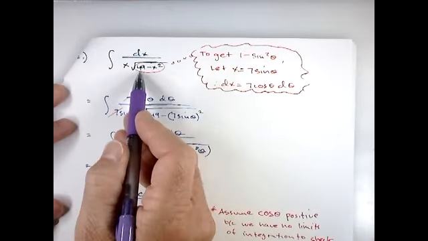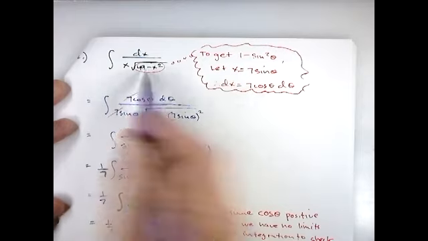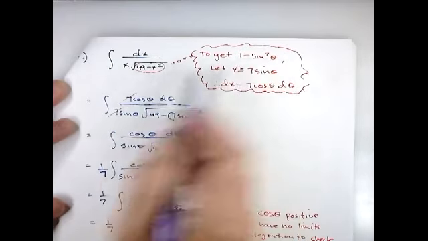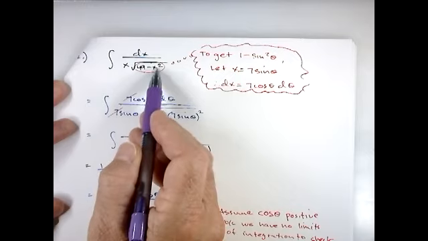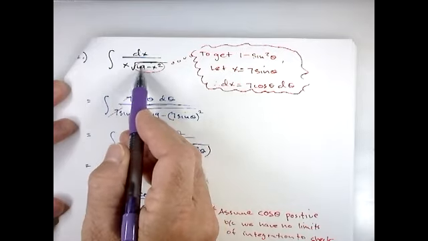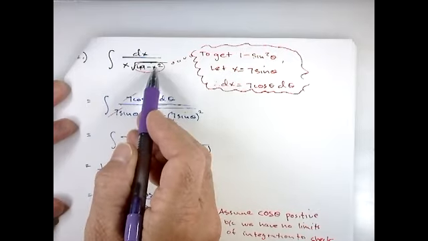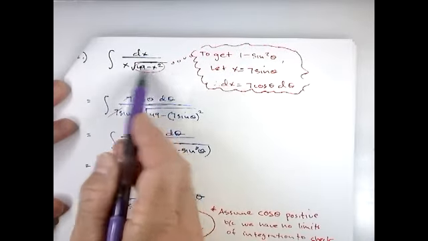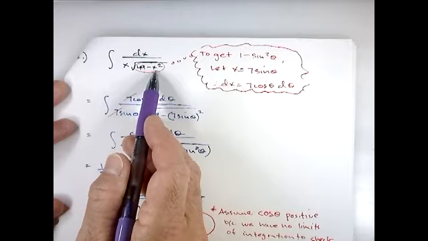Now in this case, I'm still trying to get my 1 minus sine squared. What would I want to let x be for that to happen? Well, if I've already got a 49 sitting there, I want this to turn into 49 sine squared theta, so that I could factor out a 49 and be left with 1 minus sine squared.